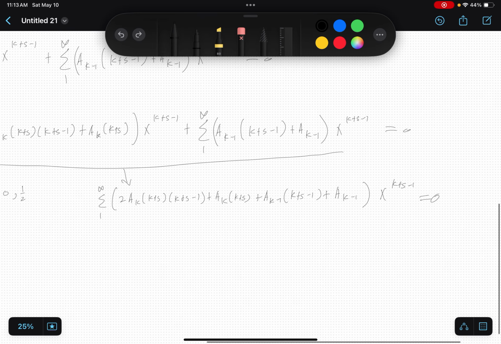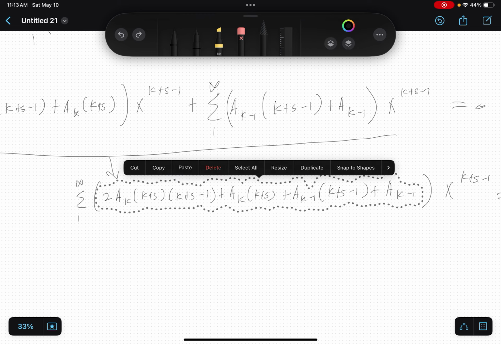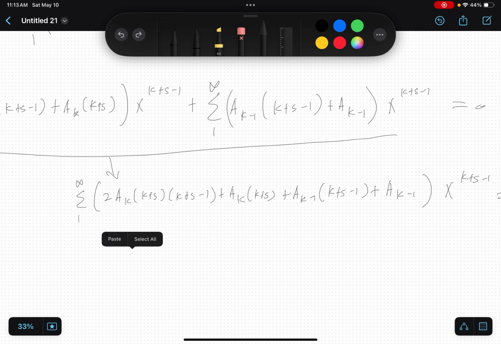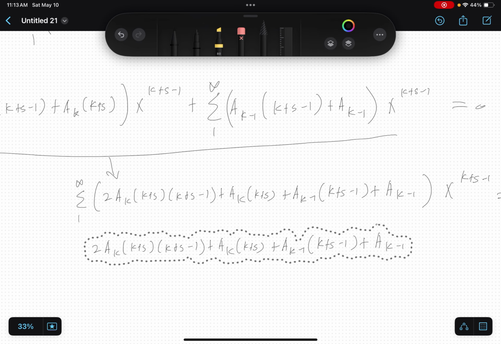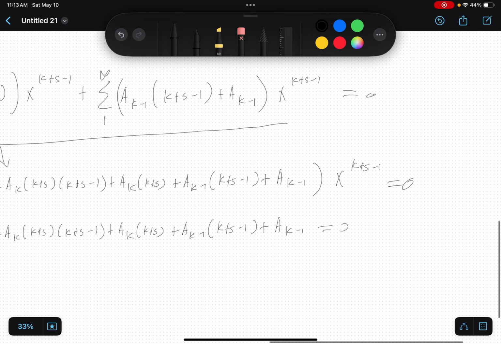So we can literally break it out. See, this inner part has to equal 0.